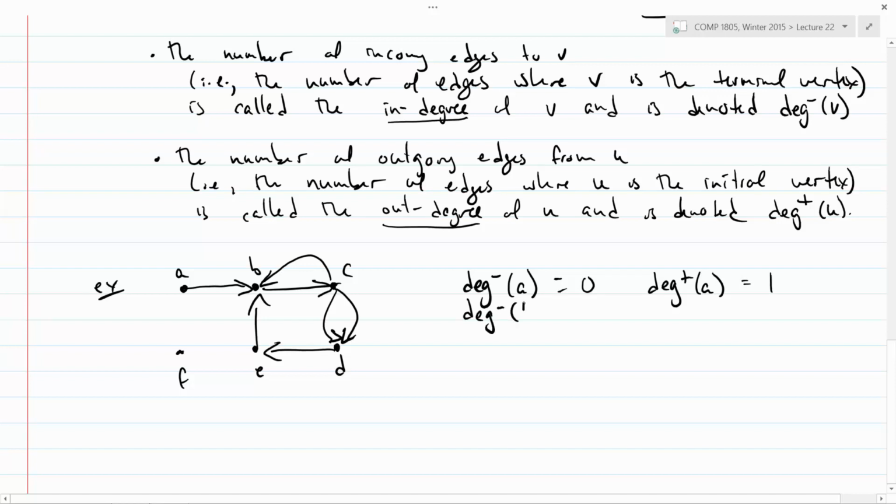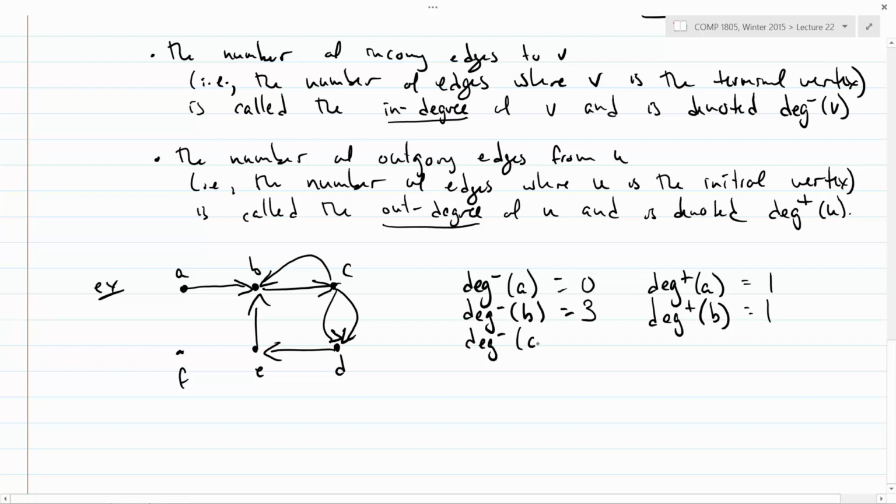What about the in-degree of B? Right? So I have one edge coming from A, one edge coming from E, and one edge coming from C. So it's 3. What about the out degree of B? 1. I have one edge that leads to C.